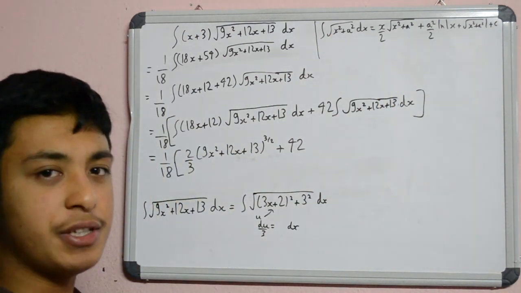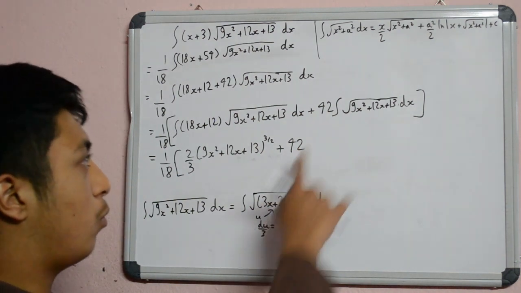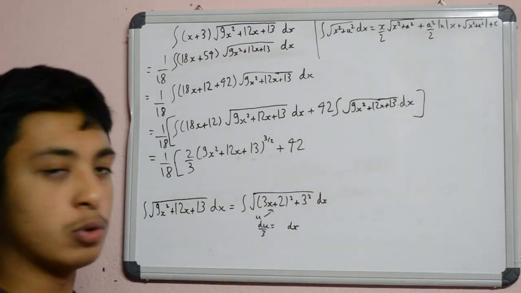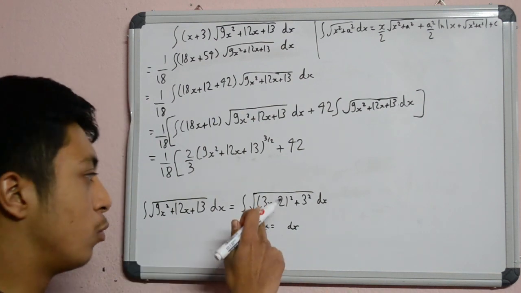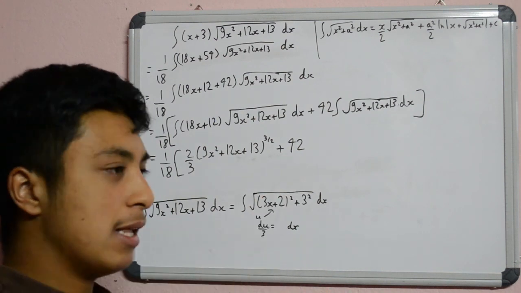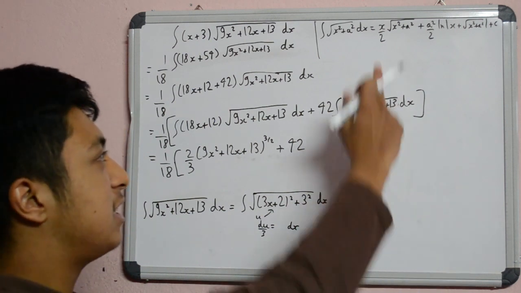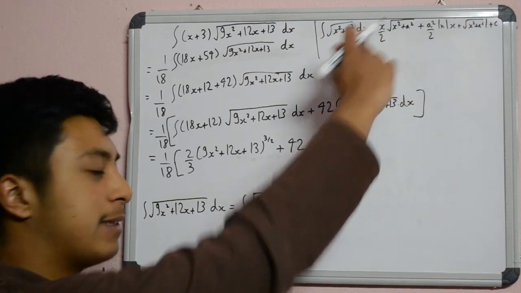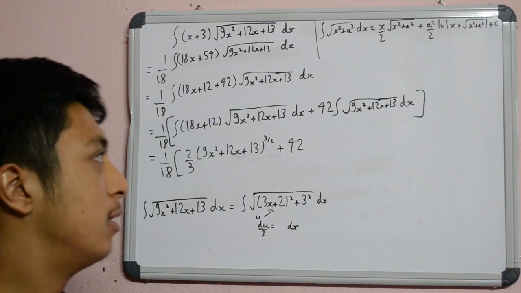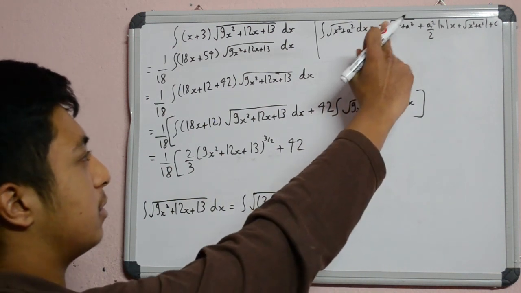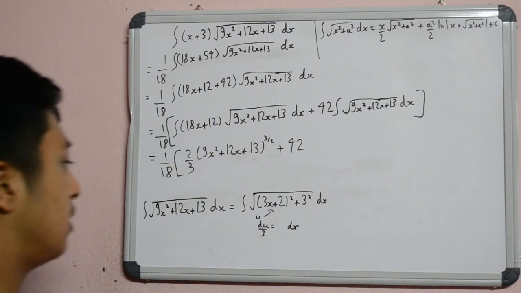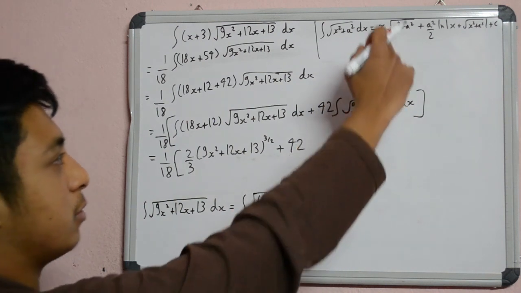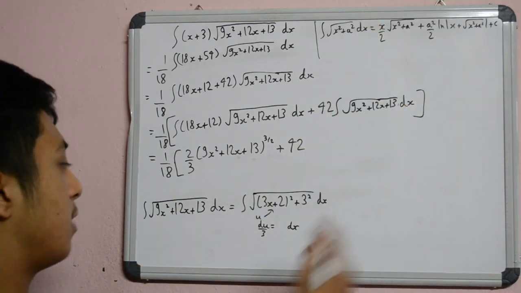But as you can see here, after we write u, we'll just have to go back and replace the value of u, which will be 3x plus 2. What that means is we just simply replace this x by 3x plus 2, but we just have to divide it by 3, right? This whole integral, we just have to divide it by 3, and that's all.